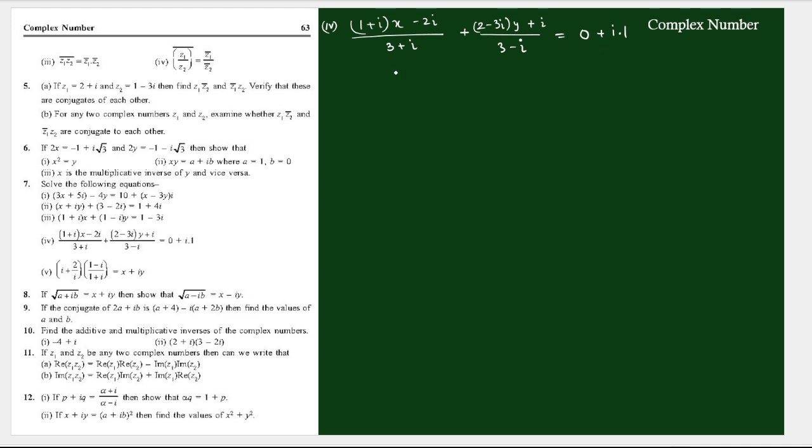Now we need to take the LCM. If you take the LCM, what will we get? 3 plus i and 3 minus i, so this is nothing but 3 squared minus i squared. And 3 minus i has to be multiplied with the first term, so the whole thing will be multiplied with 3 minus i.